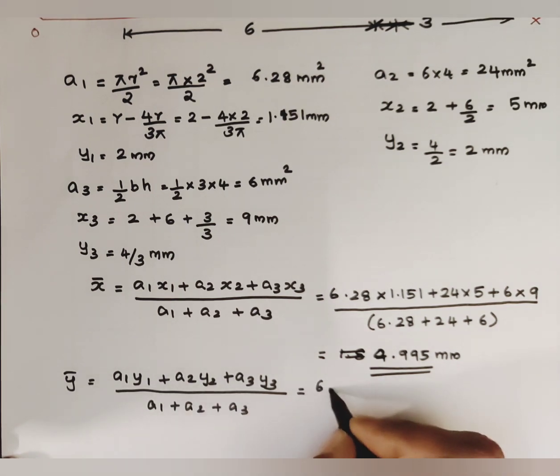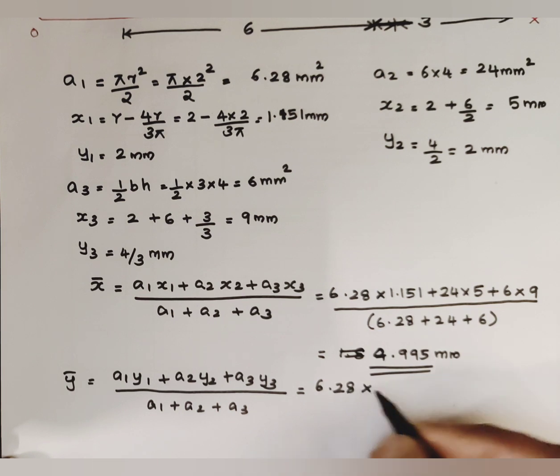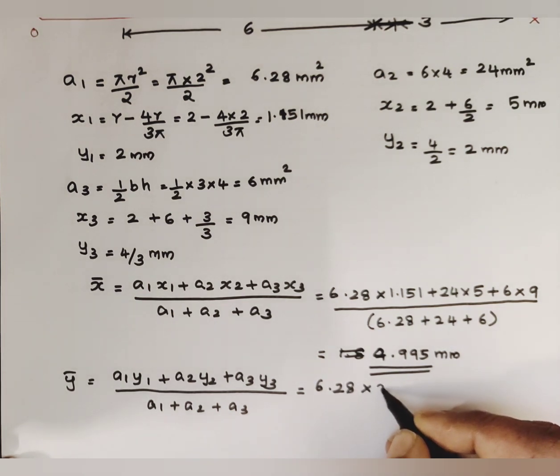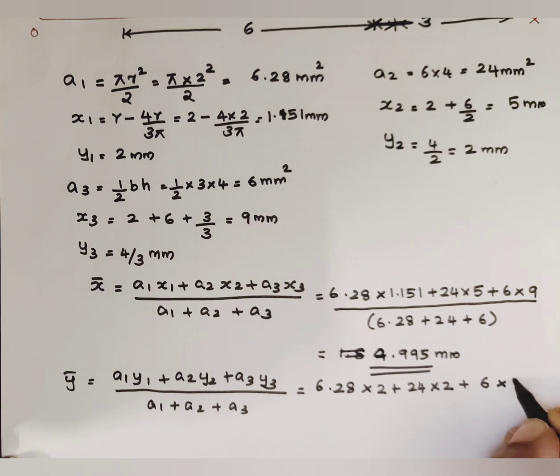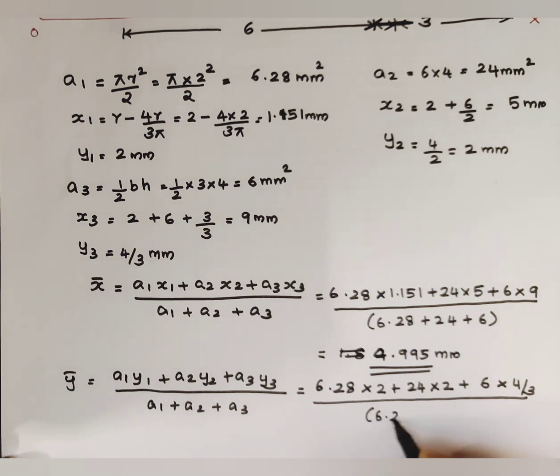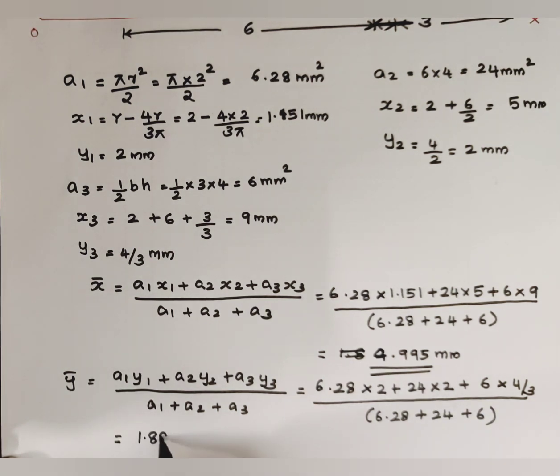That is equal to 6.28 into y1, that is 2, plus 24 into y2, that is 2, plus 6 into y3, that is 4 by 3, divided by 6.28 plus 24 plus 6, that is equal to 1.890 millimeter.